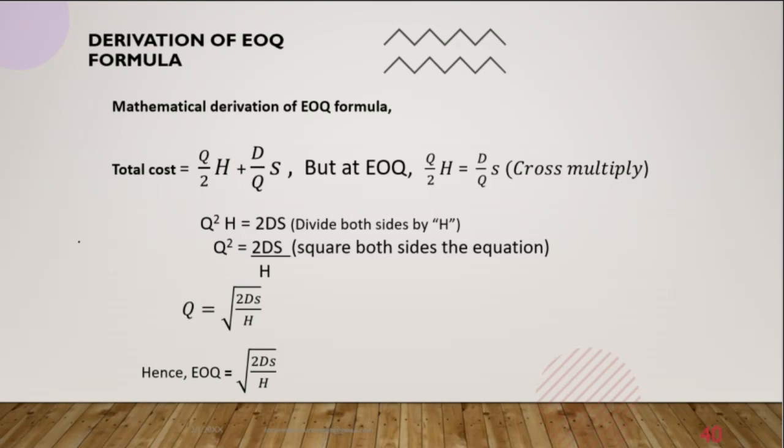The EOQ formula, as we explained earlier, is derived by using this mathematical derivation. If you see here, we say total cost is equal to carrying cost, Q over 2 multiplied by H, plus ordering cost, which is annual demand over quantity multiplied by S. That is the formula for total cost of inventory.